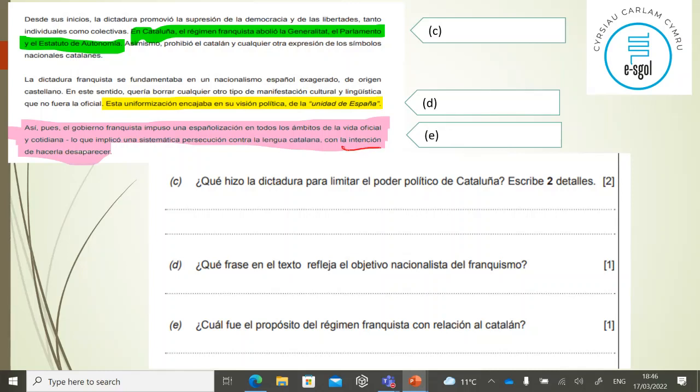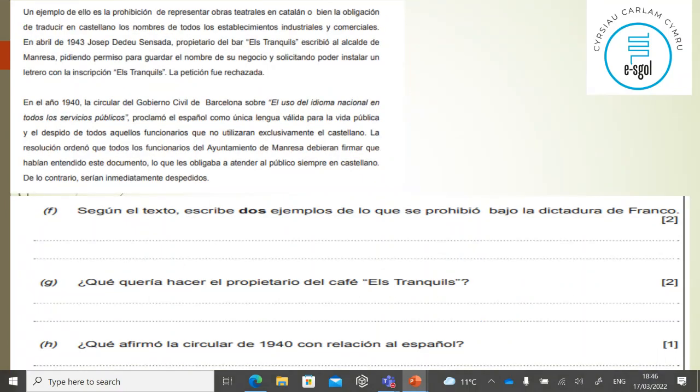La intención is a synonym for el propósito. I'm going to carry on and map the rest of the questions.